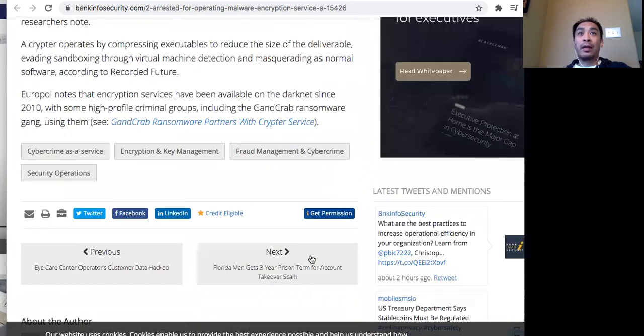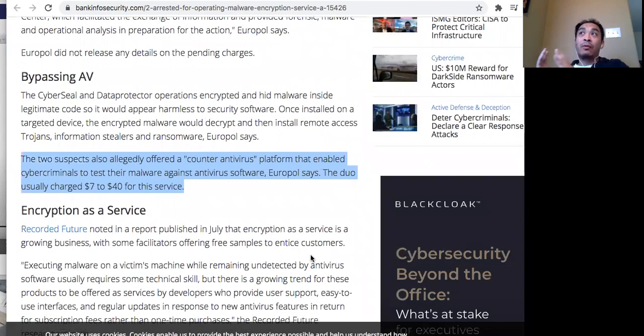But my point here is that the real bad guys have some very powerful resources available to them that allow them to bypass these AVs and these EDRs. That's what they have, and for us, we don't have this.